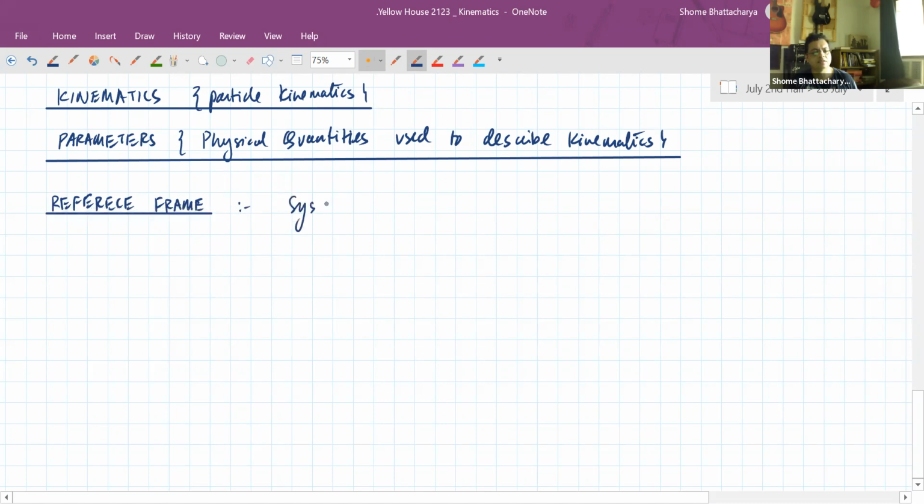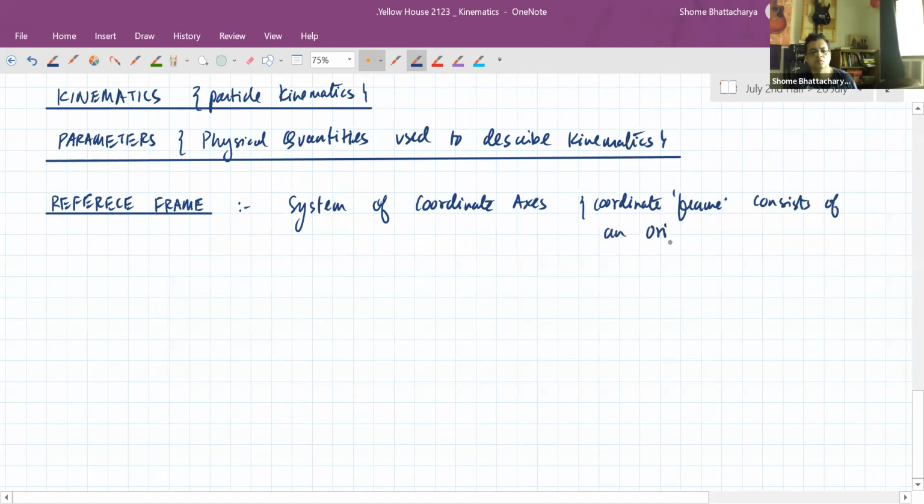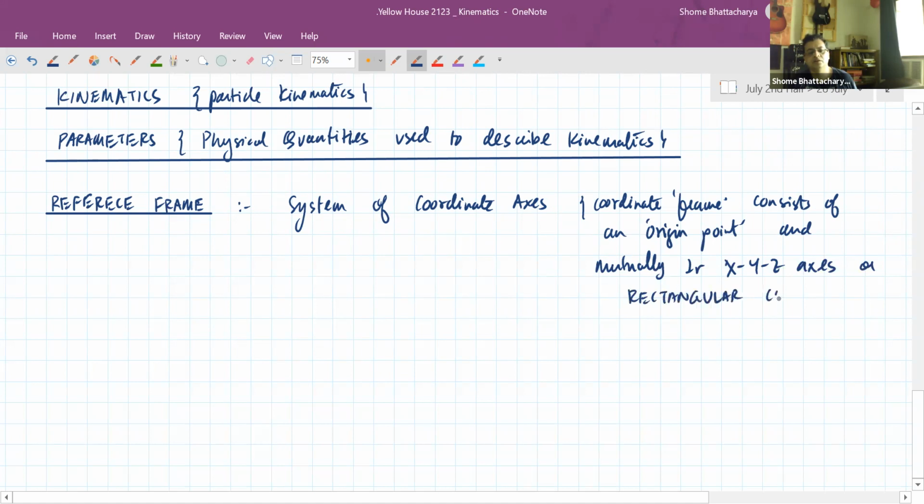It's a system of coordinate axes, or you can say a coordinate frame, which consists of an origin and mutually perpendicular XYZ axes, or what we call the rectangular Cartesian coordinate frame.